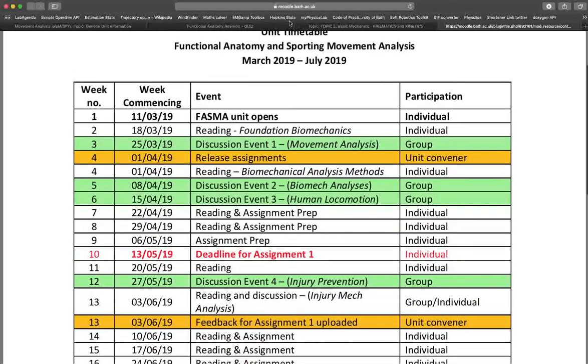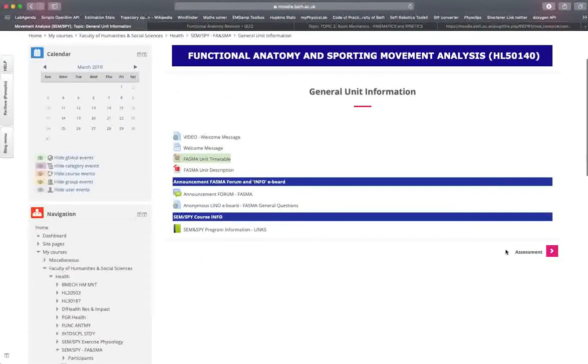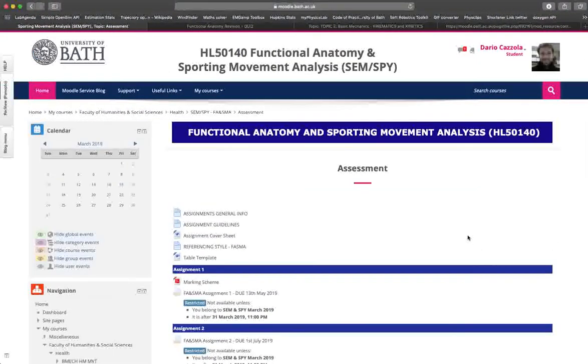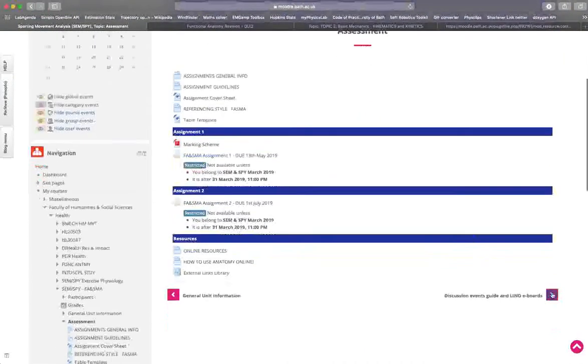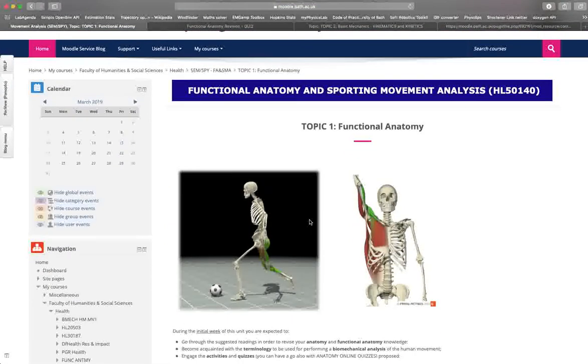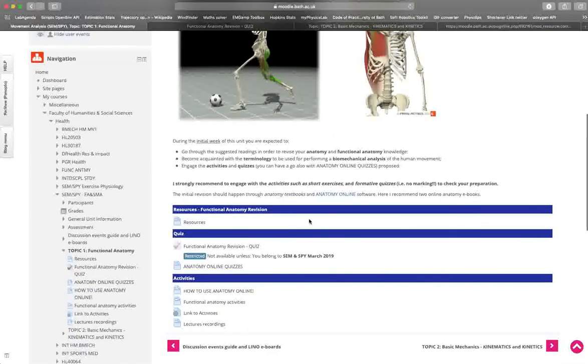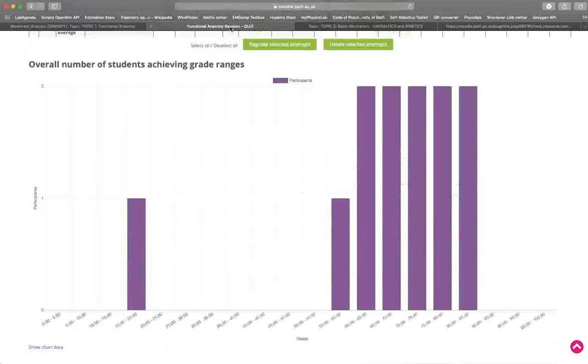Alright, so we can go back to the first page, the general unit information. As you know, you can also use the forum and ask me questions if you have any. What I asked you to do last week was to engage with the top one, which was the functional anatomy topic, and I asked you to do a functional revision quiz, which you did, and I got some initial results here, so you're doing very well.